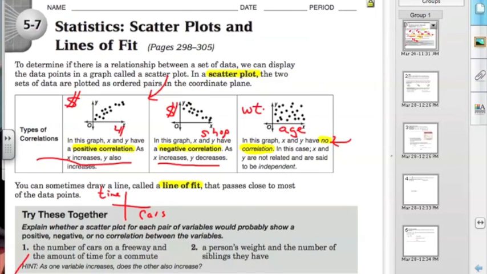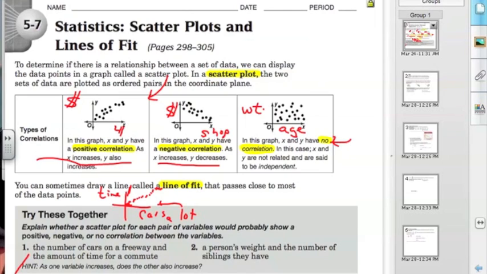If you have a lot of cars, that's going to be over here. How much time is it going to take you to get to a new place? It's going to take you a lot of time. If you have no cars, how much time? Well, it's going to take you very little. So you're going to end up with a graph that looks like this. The more cars, the more time.